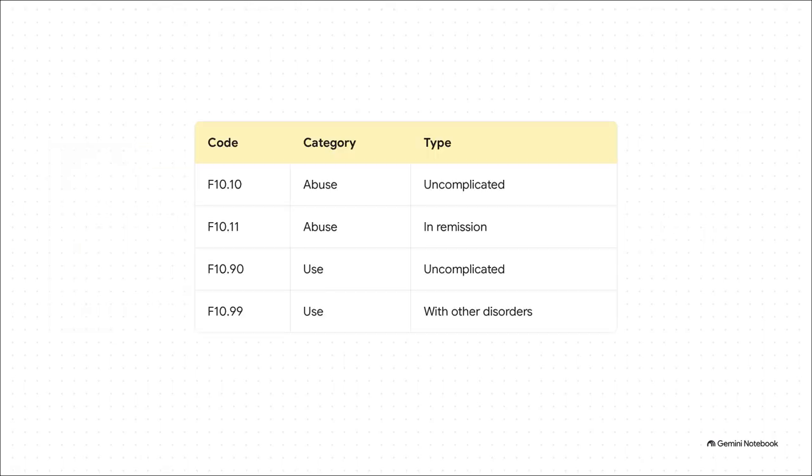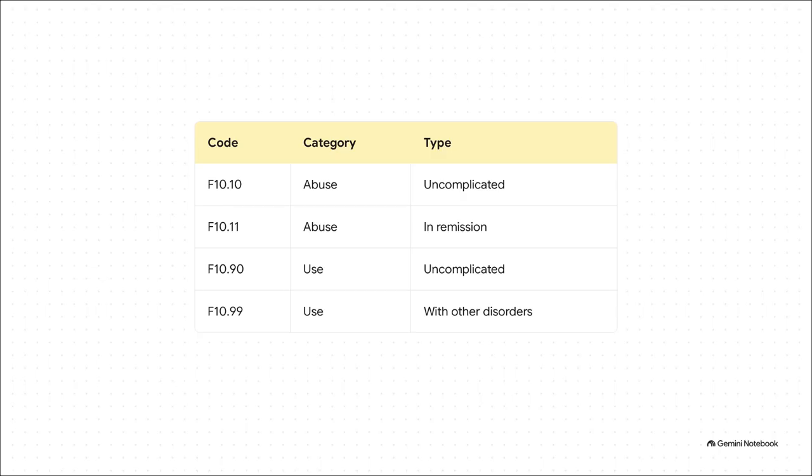Let's detail those first two branches. For alcohol abuse, which is a mild disorder, you're looking at F10.1. That expands out to F10.10 for an uncomplicated case, or F10.11 if it's in remission. Now, contrast that with alcohol use, which is F10.9. Remember, you only use this when the clinical documentation is completely lacking severity details.